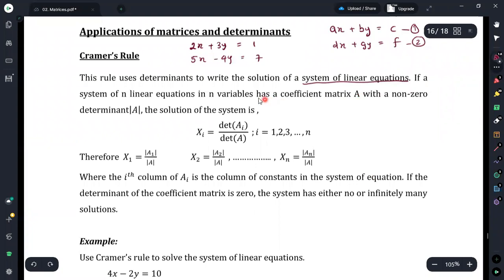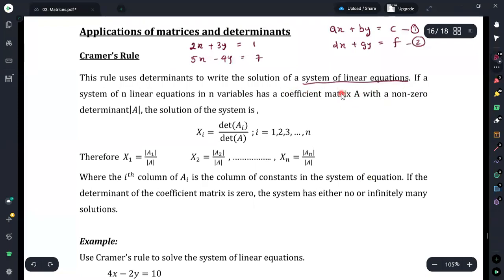If you have a system of n linear equations with n variables, then we can construct a coefficient matrix, and we generally name it matrix A. We have to check whether the determinant of this coefficient matrix is 0 or not.